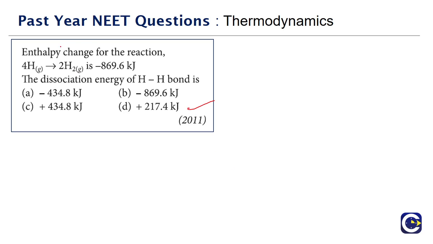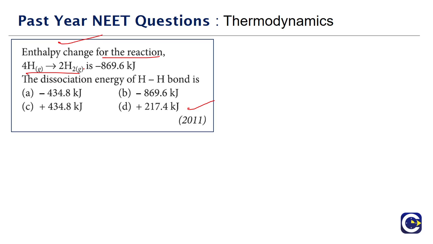The enthalpy change for the reaction is given: 4 gaseous hydrogen atoms combine to give 2 hydrogen molecules.